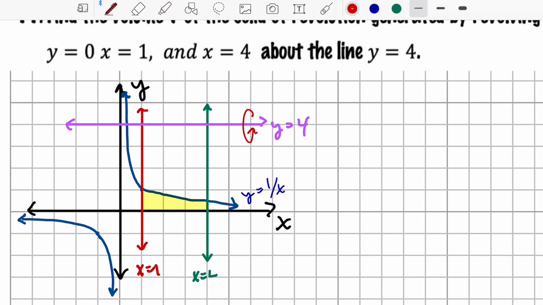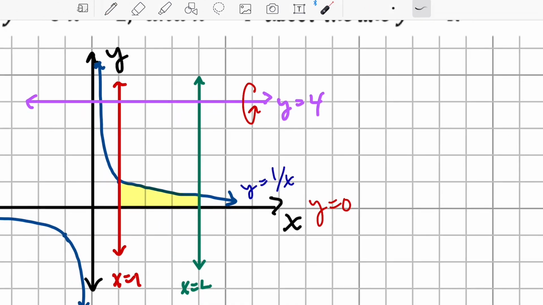Even though it doesn't say that it's a function, think of y equals 0 as a function. You're going to need it for this one because of this. Now, the axis of rotation is way over here, and the function that is furthest away is the x-axis, y equals 0.